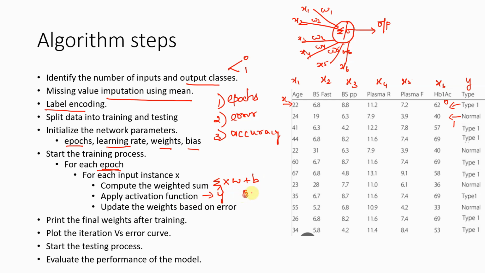We calculate the error, y minus y predicted, and based on the error, learning rate and the old weight, the new weight gets updated. Once the iterations are finished, we display the final weight after the training process, and we plot the curve between every iteration and how the error rate decreases.